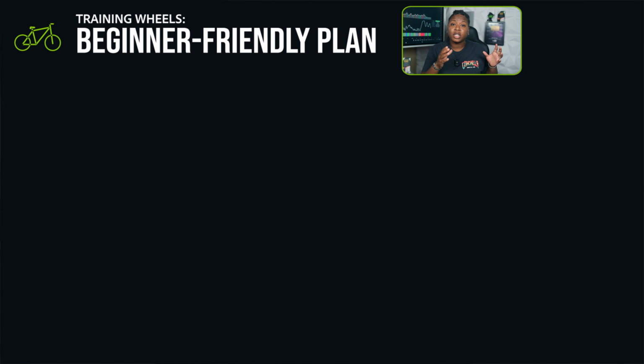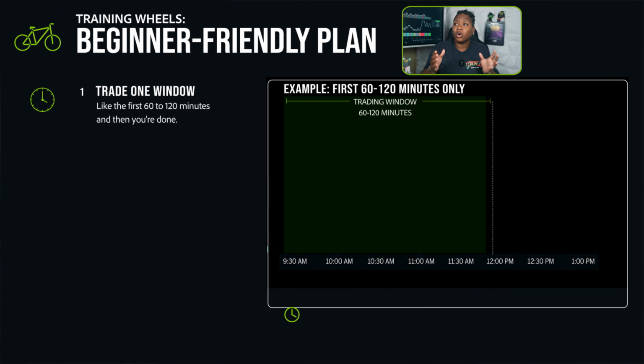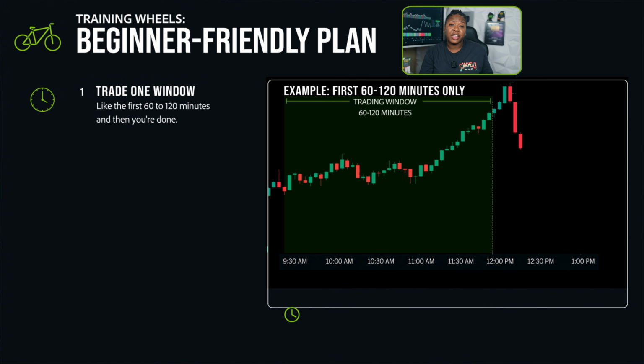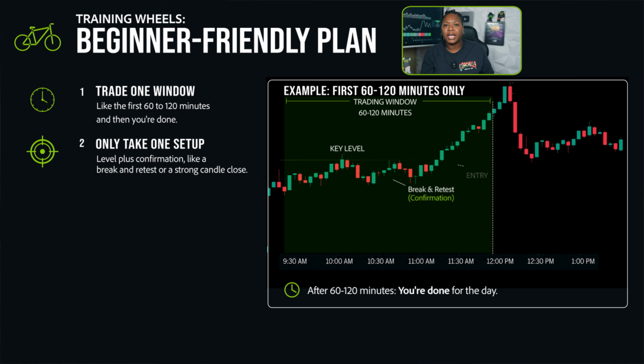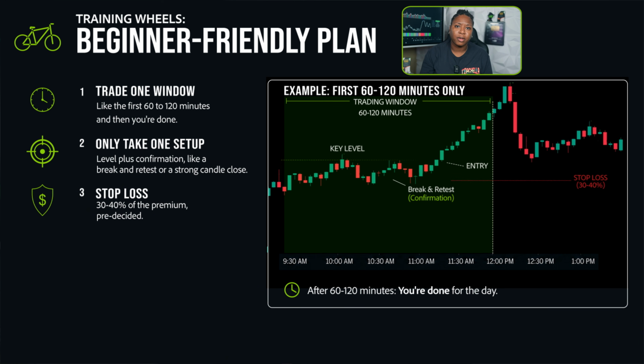And if you want training wheels, then here's a beginner-friendly way to do it. If you're gonna trade same-day options, trade in 1 window. So maybe within the first hour or 2 hours of the day, and then you're done. Only trade 1 setup. So use levels plus confirmation, like breakouts and a retest, or if you're looking at a strong candle close. Keep your stop loss 30 to 40% of the premium that you paid.